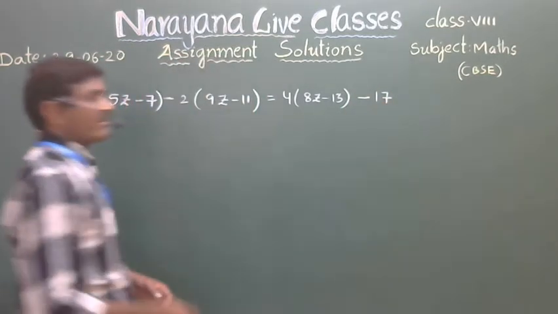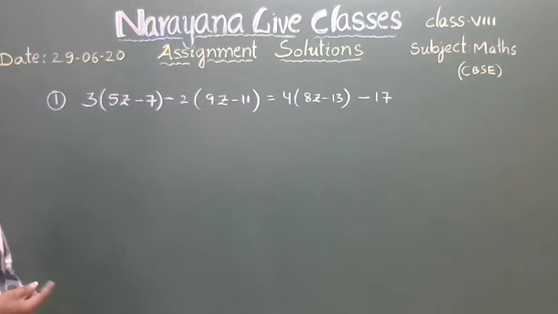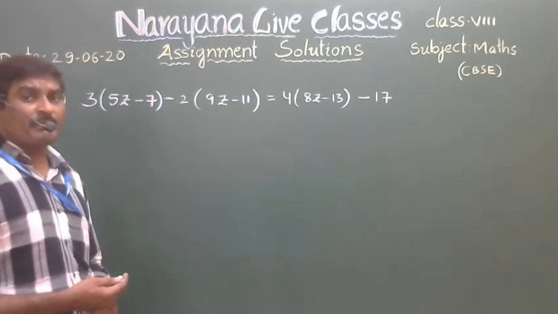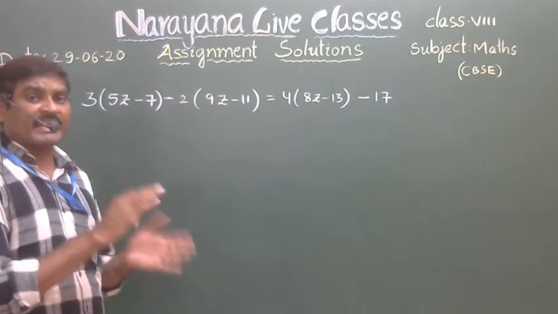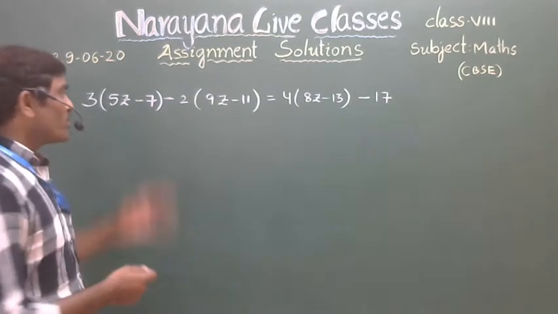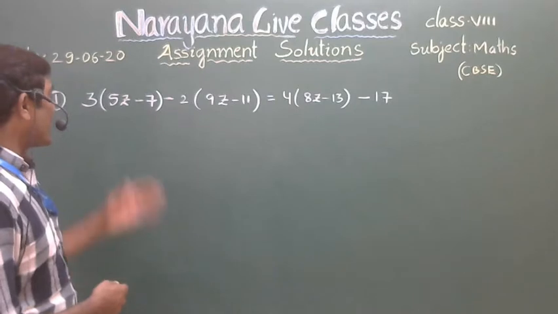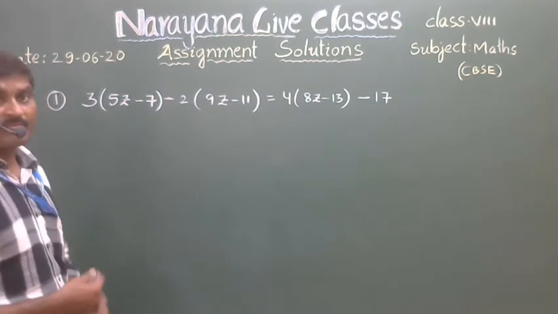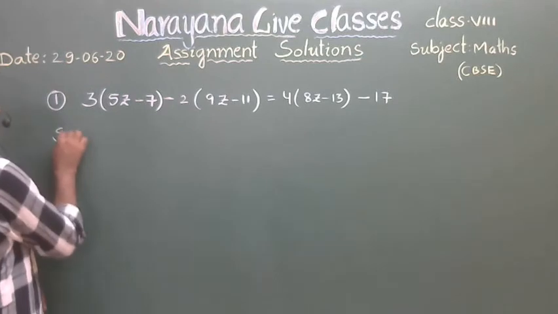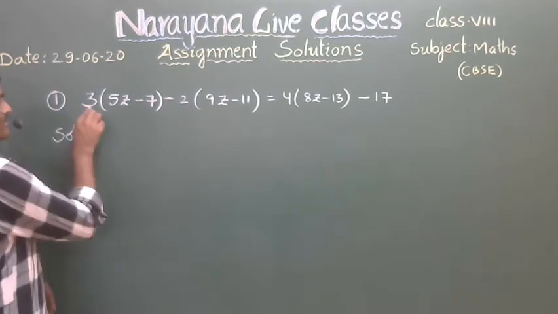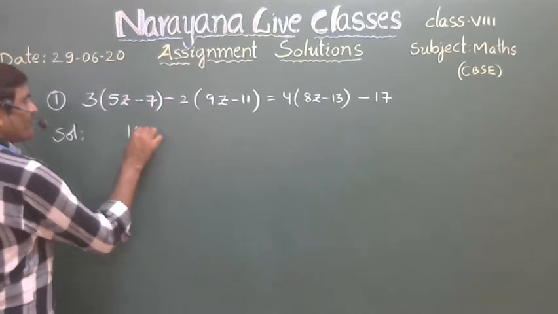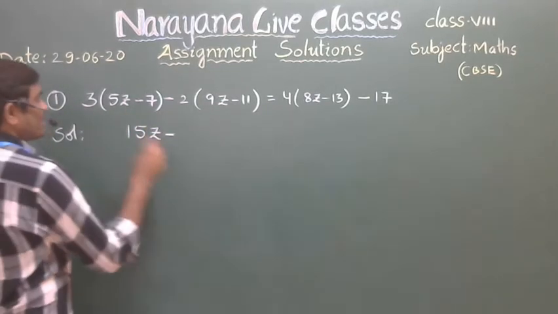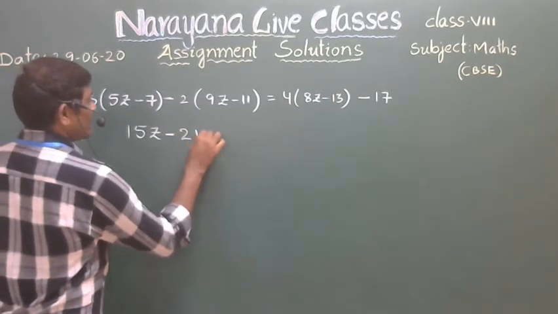Solve this linear equation. Now to solve this linear equation, first we need to eliminate the brackets on the left hand side and right hand side, both sides. To eliminate the brackets, multiply with the number which is outside the bracket. Here 3 into 5z, 15z, minus 3 into 7, 21.